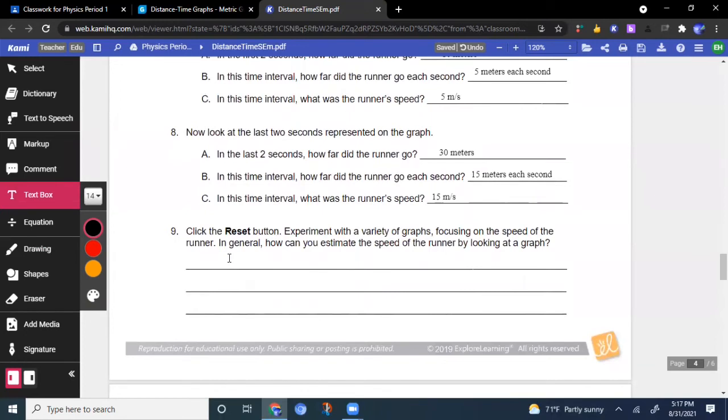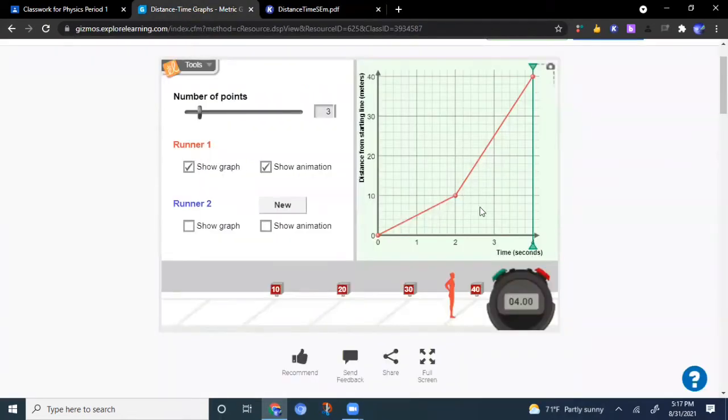Click the red reset button. Experiment with a variety of graphs focusing on the speed of the runner. In general, how can you estimate the speed of the runner by looking at the graph? So I'm just going to put this down to 2 points.